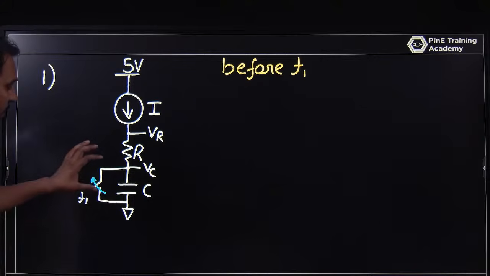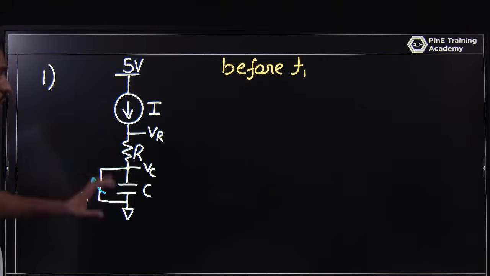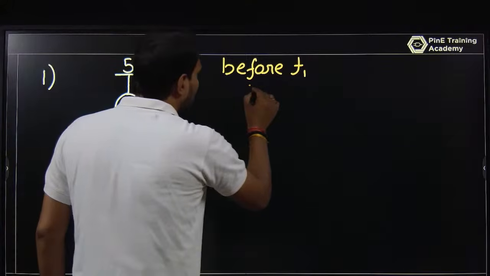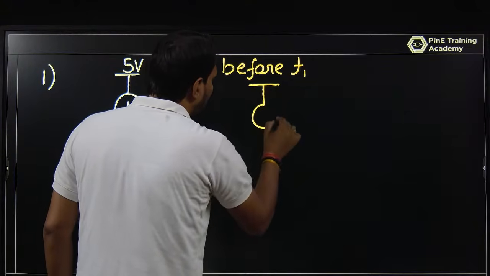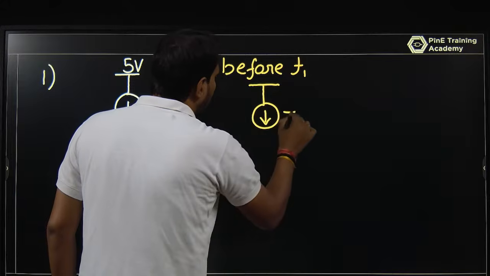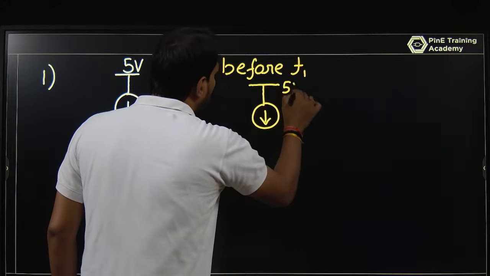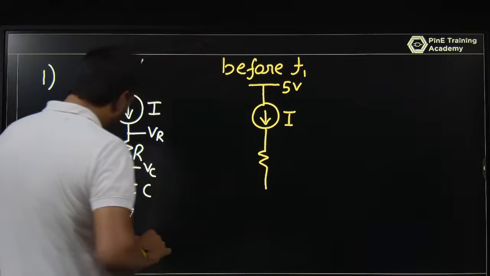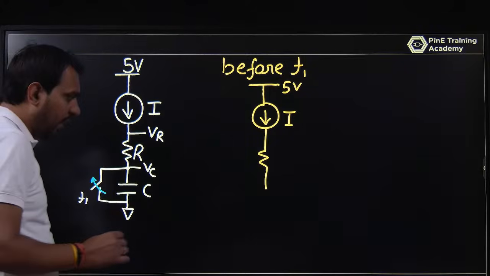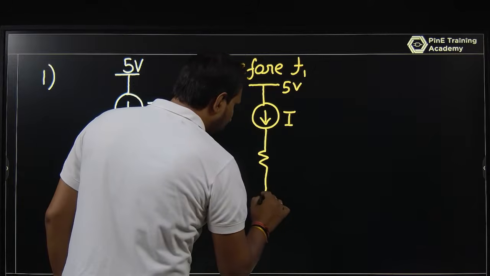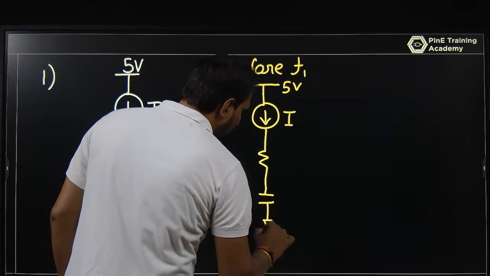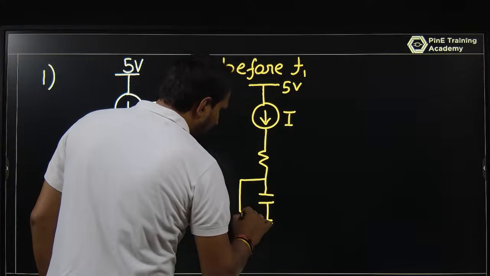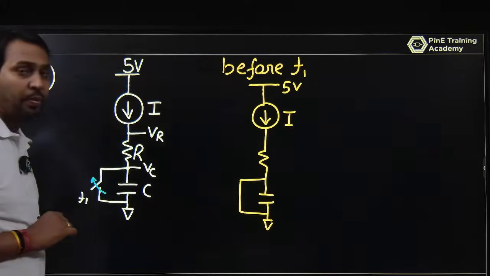Before T1 the circuit is like this: you have a 5 volt source, a current source I, and a resistor. The capacitor is present, but the switch is connected in parallel with it before T1.